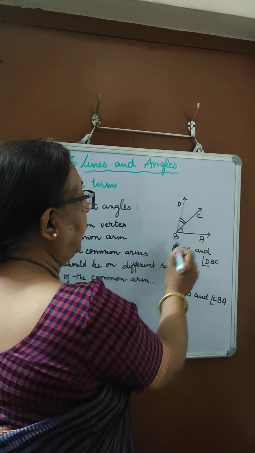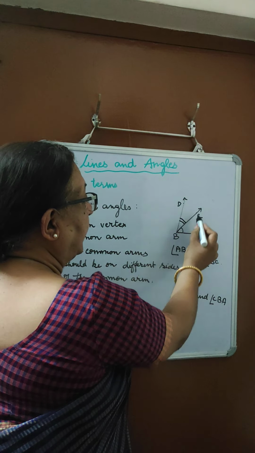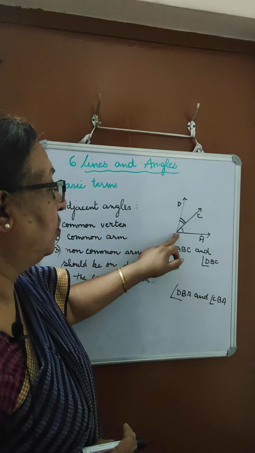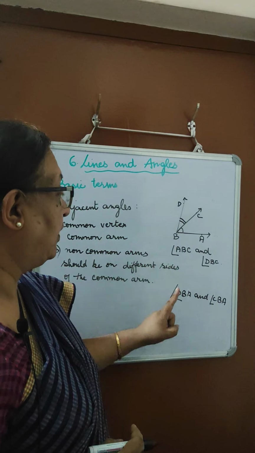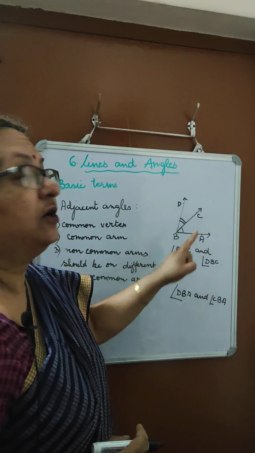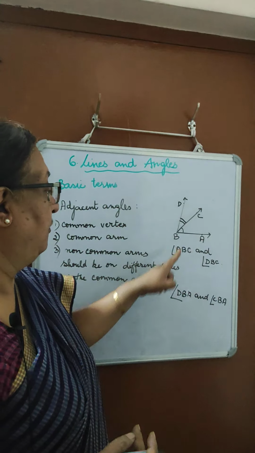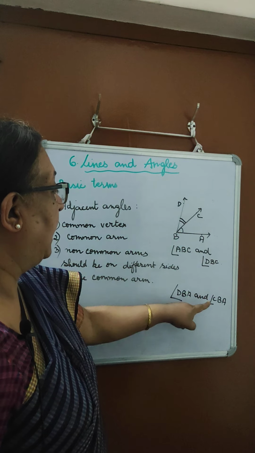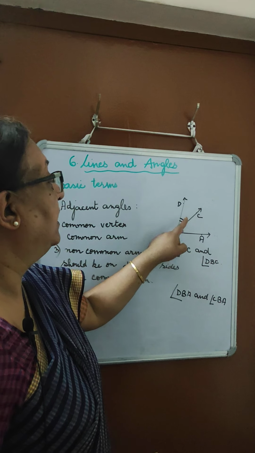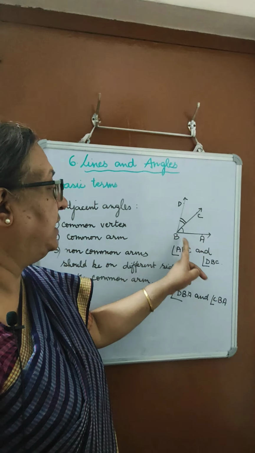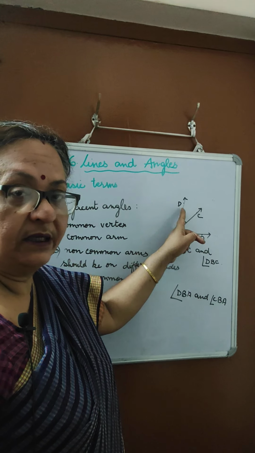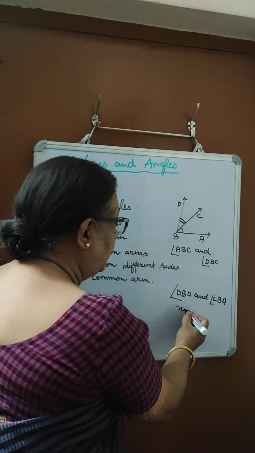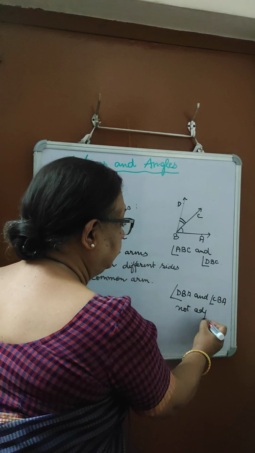Yes, they are two angles, they have a common vertex, and both of them have a common arm BA. But what about the non-common arms? For DBA this is the non-common arm, and for CBA this is the non-common arm. They are on the same side of the common arm, isn't it? The common arm is BA. Therefore, these two are not adjacent.